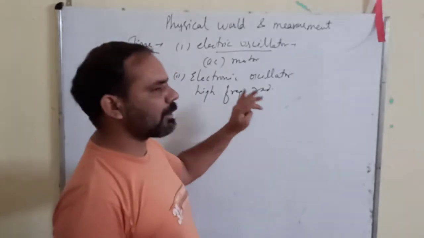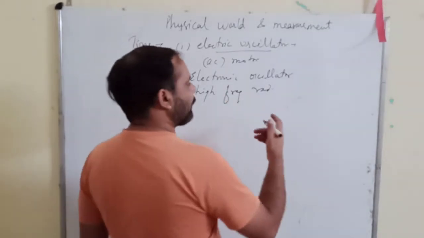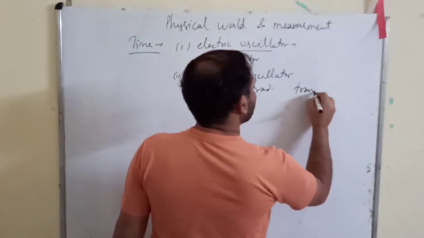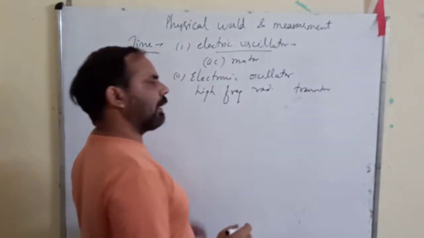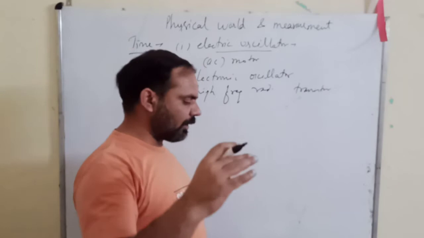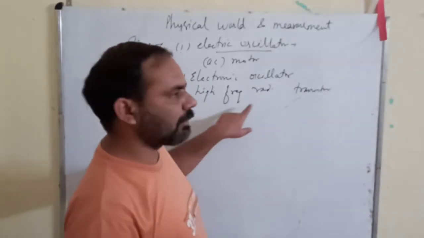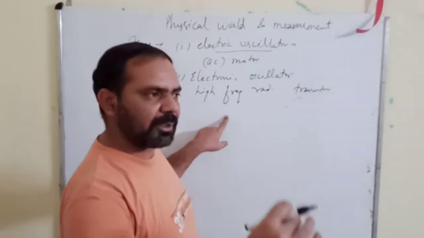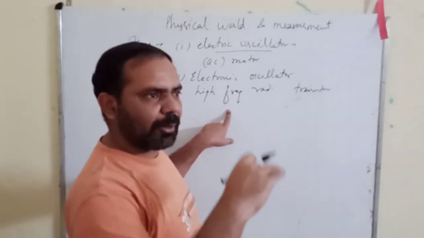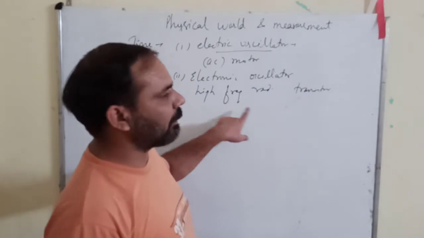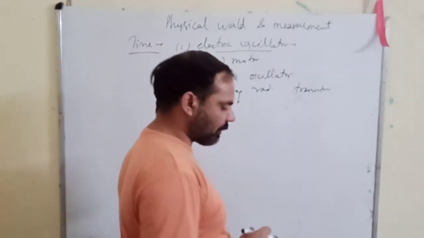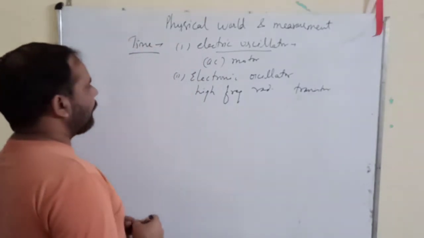So a high frequency radiation is produced from a vacuum tube or a transistor. That frequency of the radiation, how many times it oscillates per second, can be used to measure very small time periods. Okay, so this is an electronic oscillator.